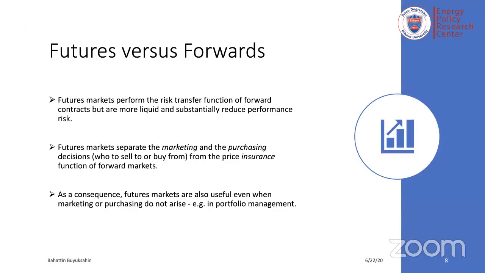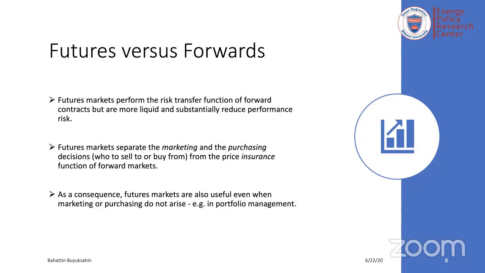Futures markets perform the risk transfer function of forward contracts, but are more liquid and substantially reduce performance risk, of course. Futures markets separate the marketing and purchasing decision. In a forward contract, it's a two-way: two parties know each other. In this case, you don't know who the counterparty is.